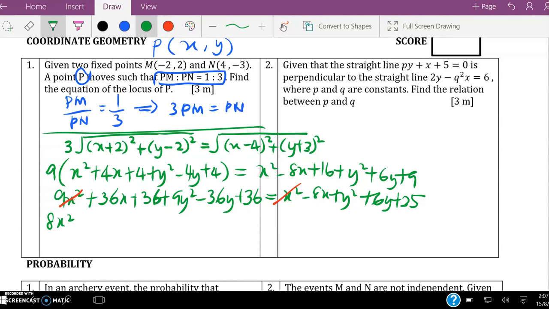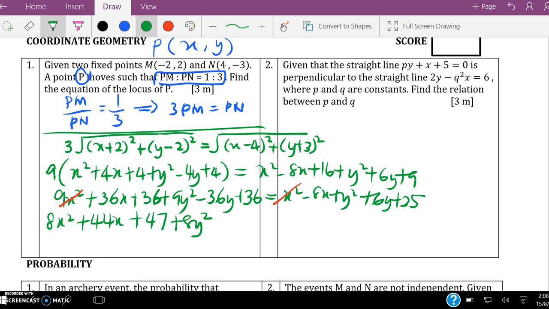36x plus 8 should be 44. 72 minus 25 should be 47. 9y squared minus y squared should be 8y squared.